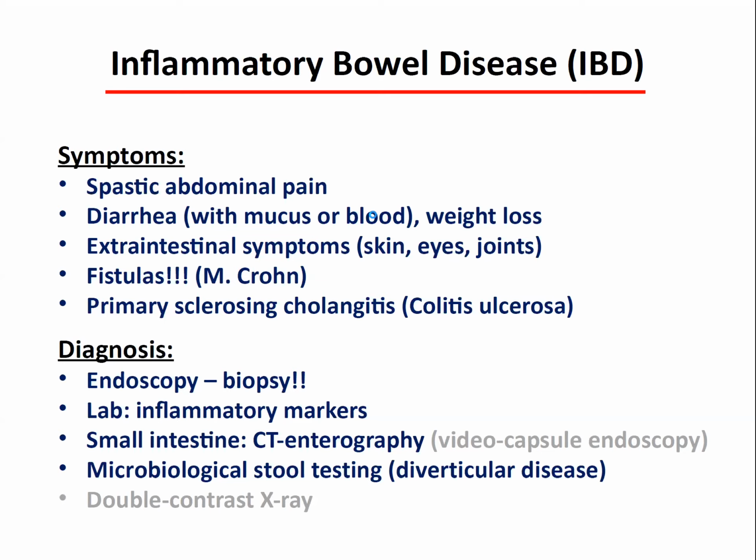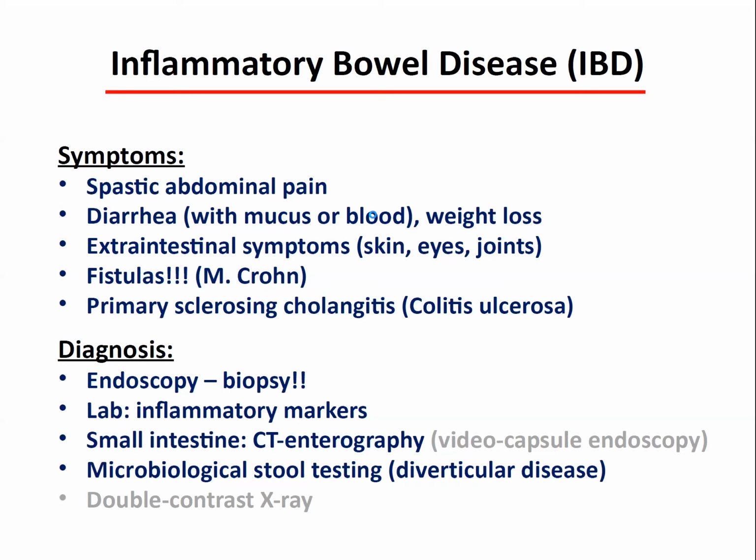Fistulas can occur, especially in Crohn disease, and primary sclerosing cholangitis can occur or be associated with colitis ulcerosa. The diagnosis means that we have an inflammatory process in the terminal ileum or the colon.